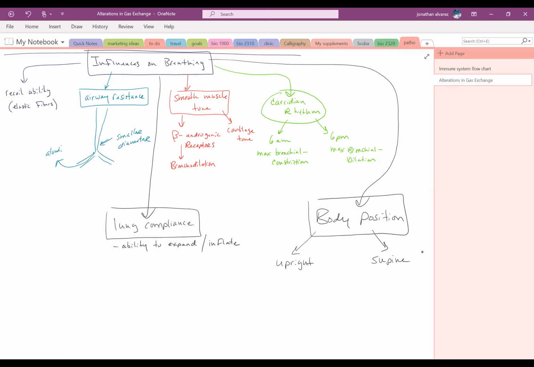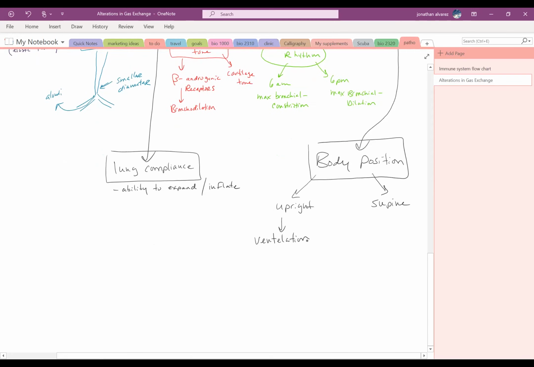So upright, ventilation takes place. So you have increased ventilation at the base of the lungs.